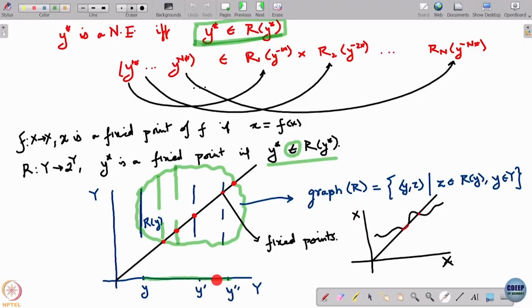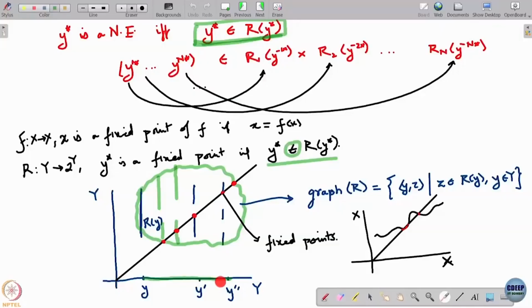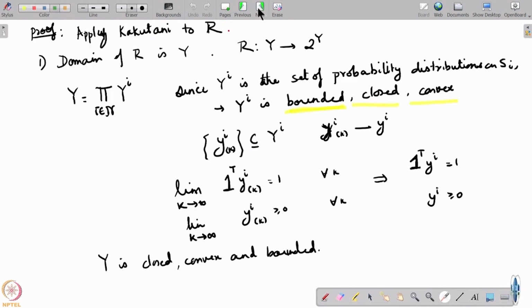I take a sequence of y's and, corresponding to each y, a z belonging to R of y, which means I am taking one best response for each player. Suppose this sequence converges to some point. The question is whether that point is such that its y coordinate is in capital Y and its limit is also a best response. That is all that we need to show.